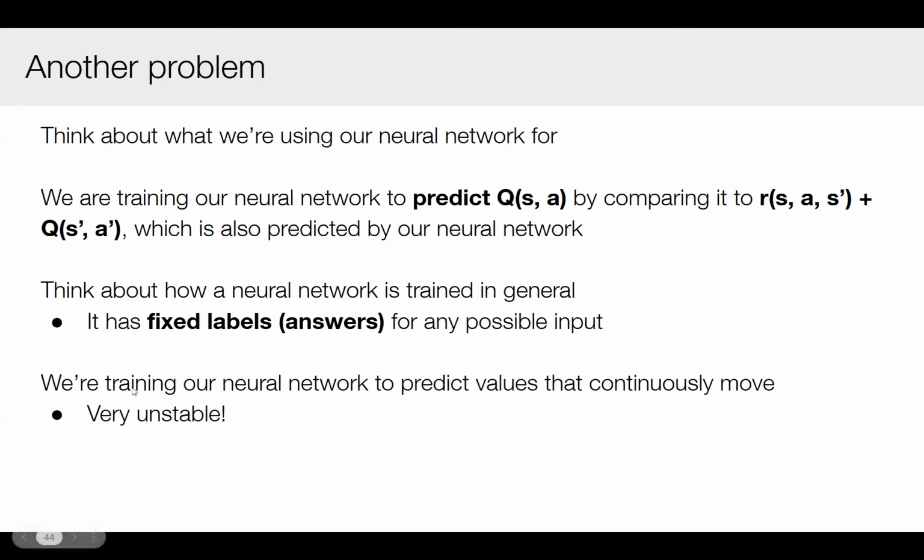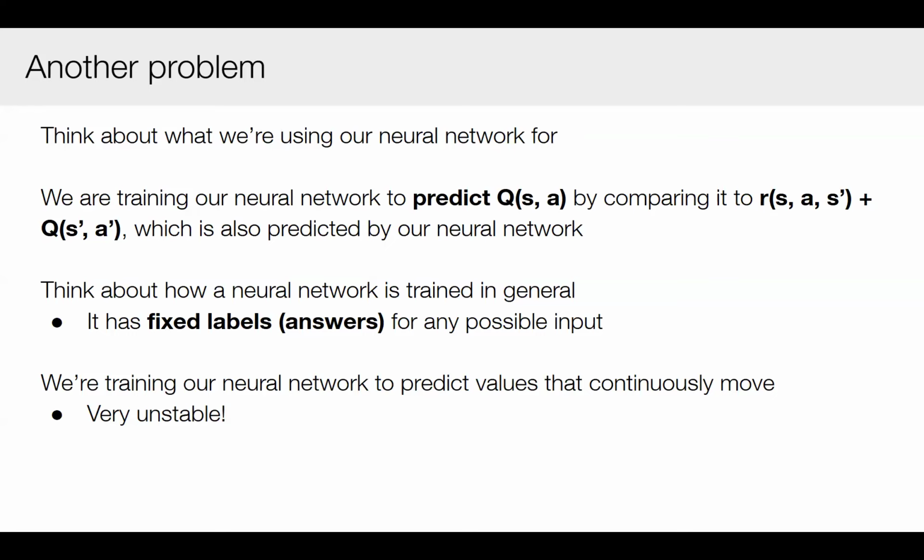However, this value Q of S prime, A prime, which is part of the return estimation, is also being predicted by our neural network. So we're effectively training our neural network to predict something that it also predicts. Think about how a neural network is trained with a regular supervised learning problem. You have your inputs and your expected labels, your answers, and those labels never change.